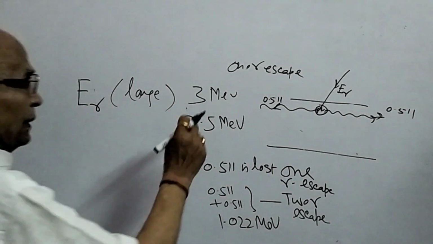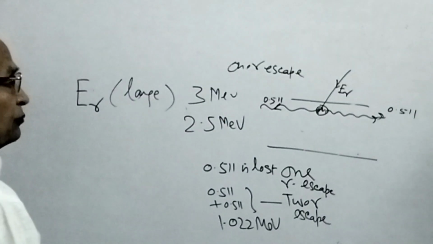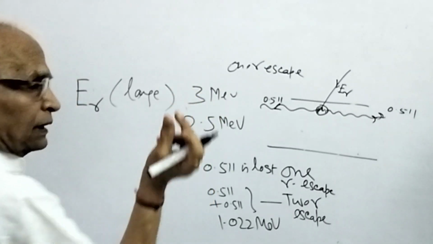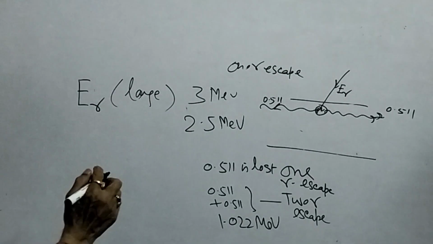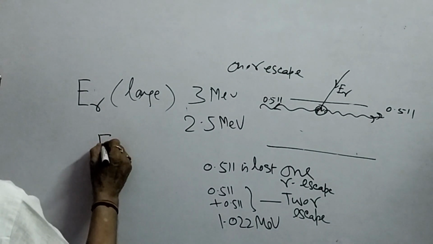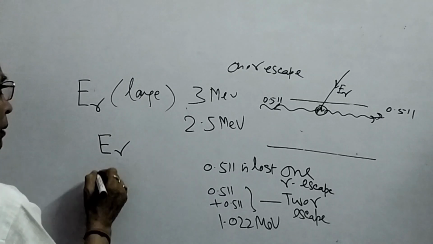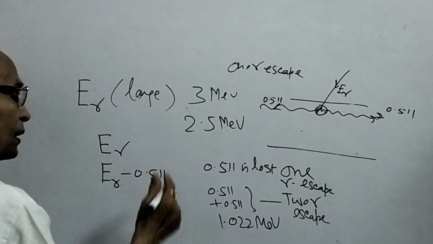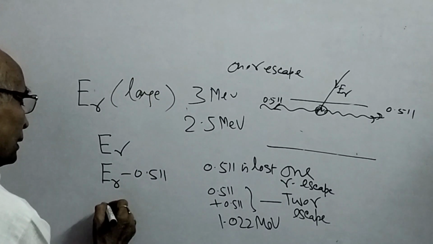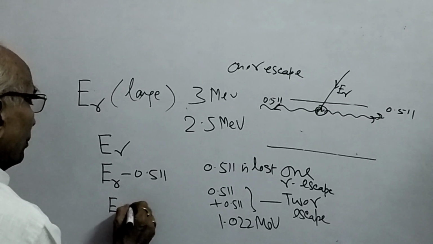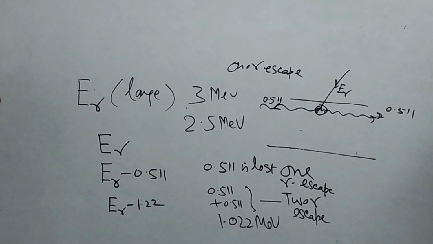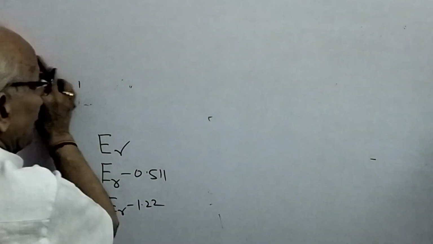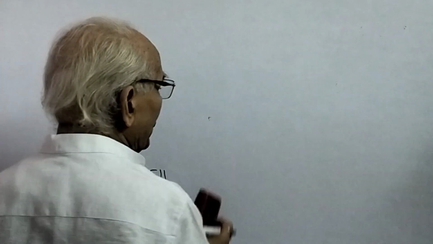So if we have this energy which undergoes pair production, in addition to the photoelectric peak of this, which is very small, we will have the gamma ray in the spectrum at E gamma. We will have a peak at E gamma minus 0.511, and a peak at E gamma minus 1.022. So if a gamma ray of high energy comes, we automatically get many peaks.